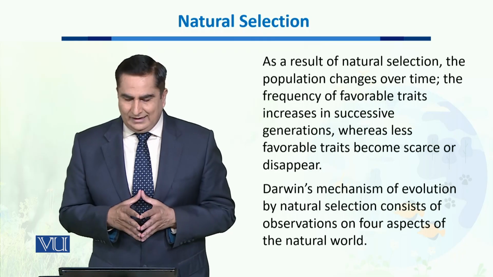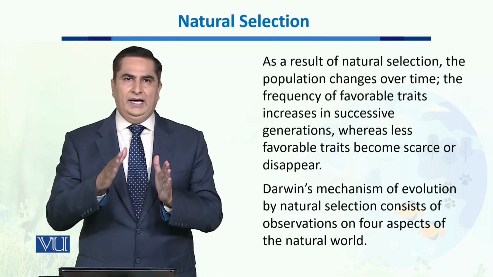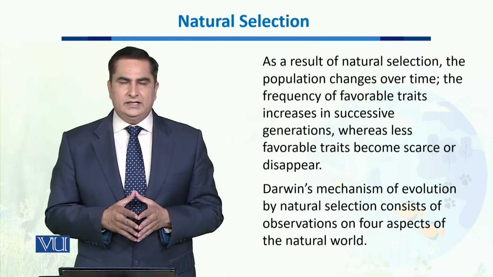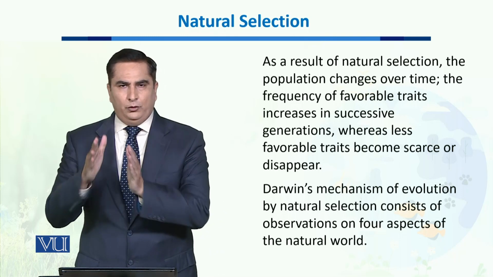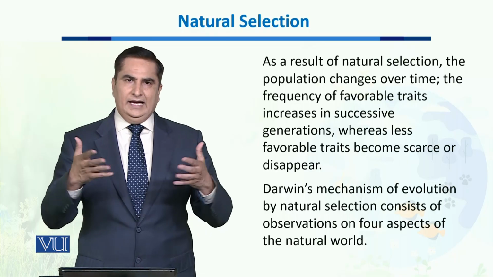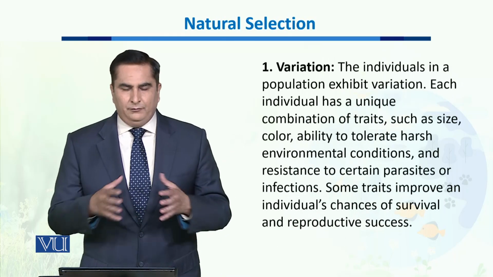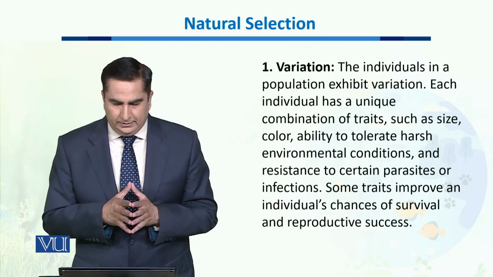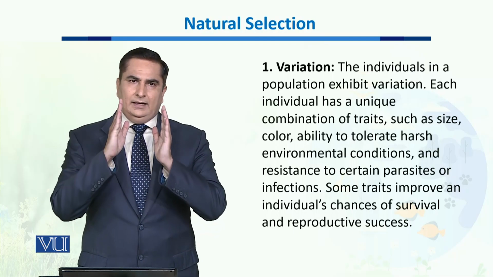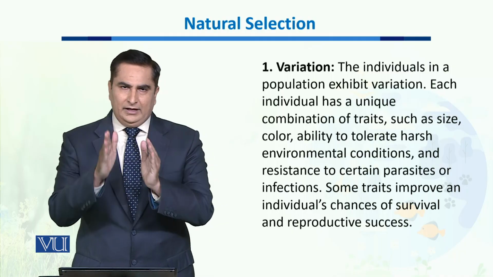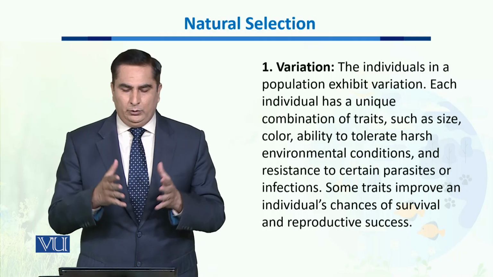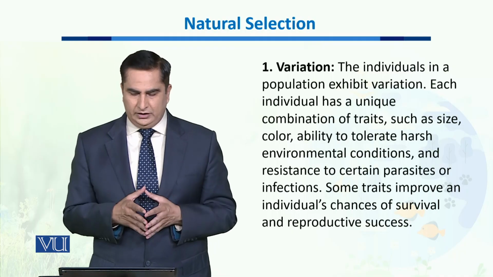Now, Darwin's mechanism of evolution by natural selection consists of observations mainly on four aspects of the natural world. The first one is variation. He observed that individuals, even in the same population, exhibit variations.